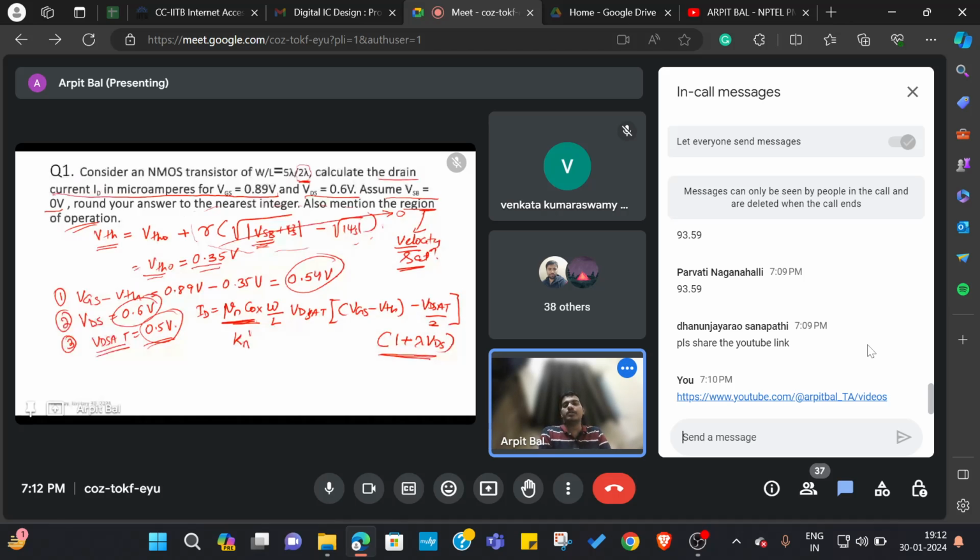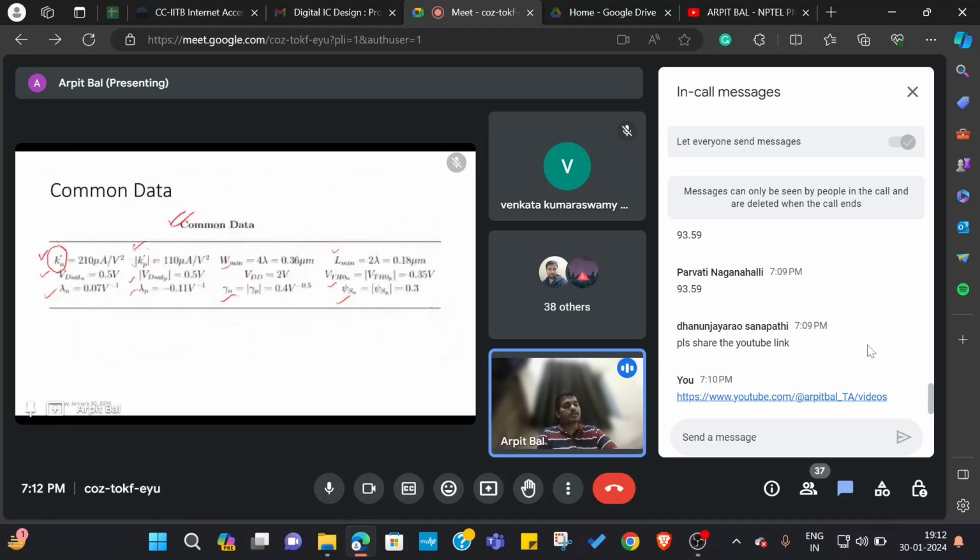The next thing we need to do is figure out the region of operation. Find out VGS minus VTH and see where it stands when compared with VDS and VDSAT. VDSAT will be provided in the question itself.